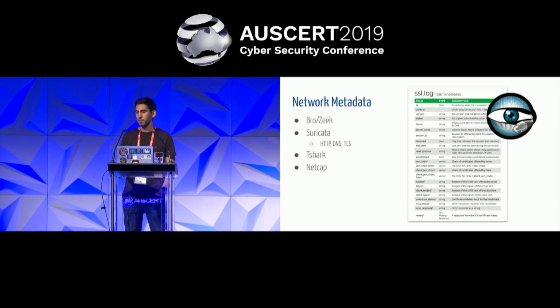Another one is Suricata. Suricata is a bit easier for expanding and adding new protocols, but currently supports HTTP, DNS, and TLS. It's good for collecting network metadata in production, but it doesn't work for my use case. And then there's TShark, which is what I used.